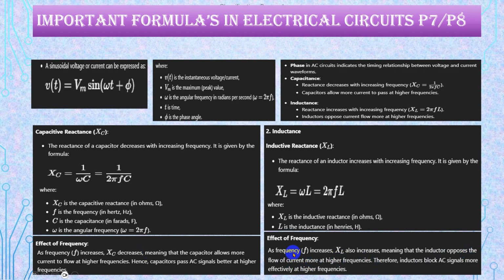Therefore, an inductor blocks AC signals more effectively at higher frequency. Jammers always work with inductance because we have to block high frequency communication, so we use inductance in jammers.